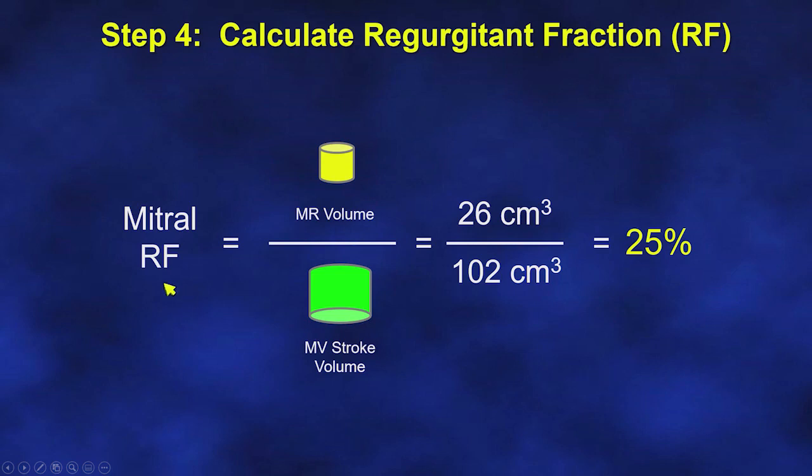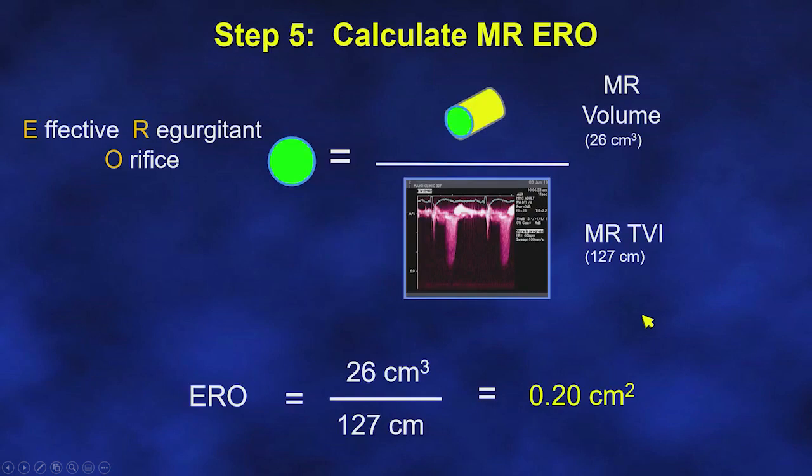We can then calculate our regurgitant fraction by taking the MR volume and dividing it by the mitral valve stroke volume, and it's 25%. Everything is very consistent. We can then calculate the ERO by taking our mitral regurgitant volume and dividing it by our TVI, and now we get an ERO 0.20. Very similar to what we got with the PISA method.